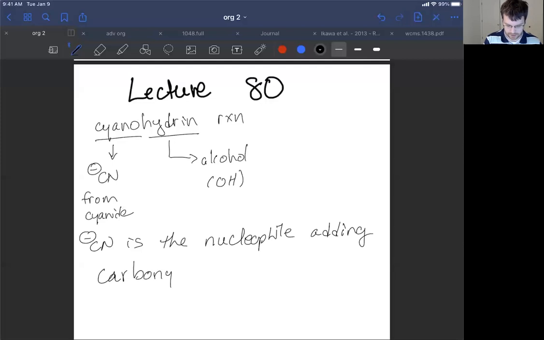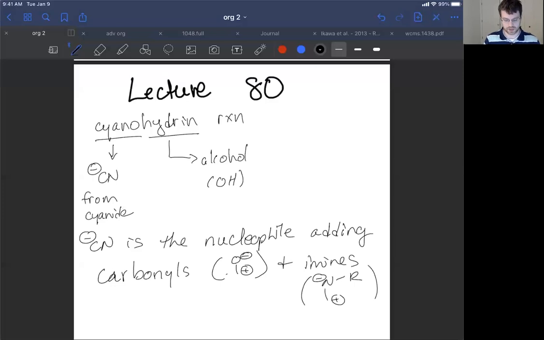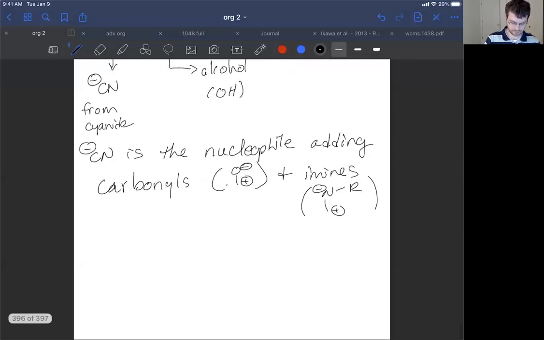And we want to think about nucleophilic addition as adding to our resonance structure where we have charge separation, so we can clearly see which atom accepts the nucleophile.